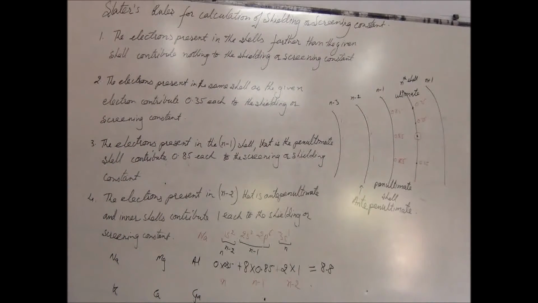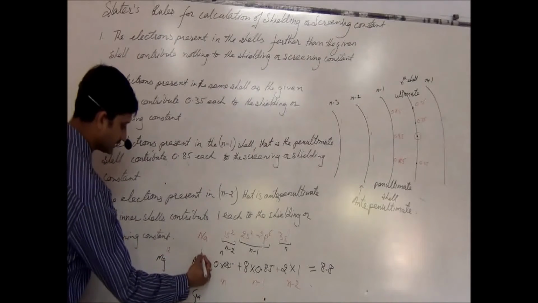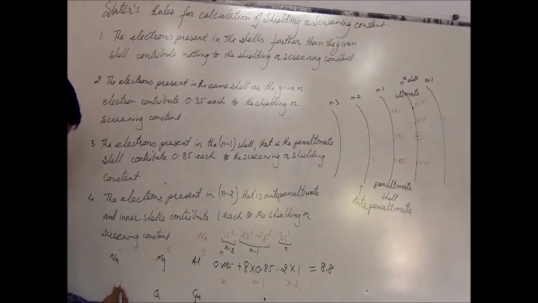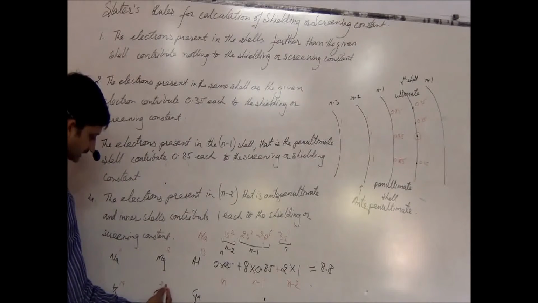Could you please calculate the shielding and the screening constant for these elements? Atomic number for sodium is 11, magnesium is 12, aluminium is 13, potassium is 19, calcium is 20, gallium is 31.